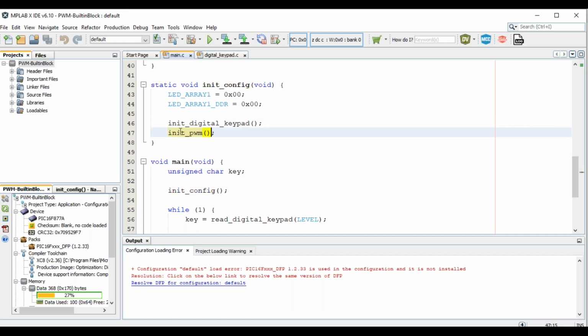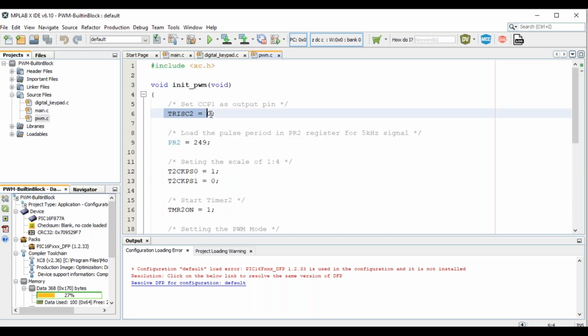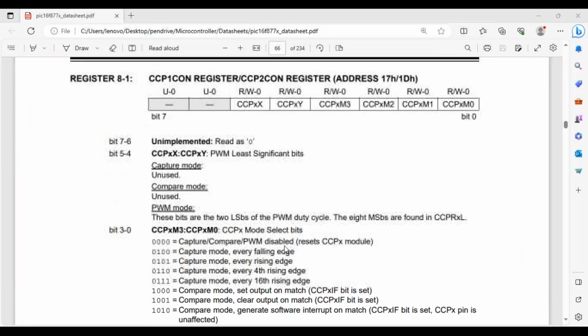Next I have to do the initialization of the PWM, which is written in a separate .c file, that is the pwm.c file. The very first step I'm going to write is TRISC2 equal to 0. The reason for writing TRISC2 with the value 0 is that I want RC2 to be treated as output. Then after that, I had to select the pulse width modulation mode.